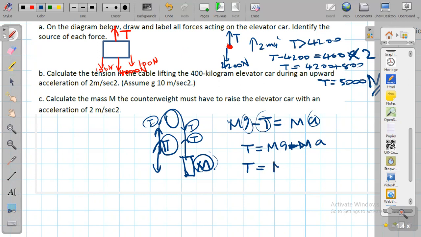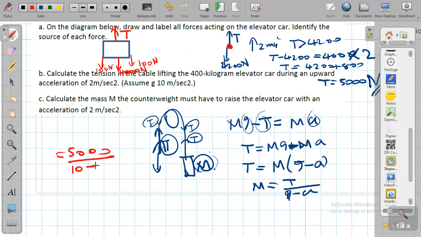So M can come out, and g minus a, M is what? T over g minus a. Now what is my T? We just found 5,000. And what is g? 10 minus 2, so 5,000 over 8.